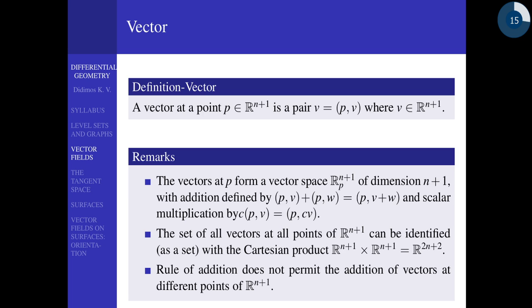Today we will discuss chapter 2, vector fields. First we define a vector. A vector at a point P belonging to R^(n+1) is a pair v = (p, v), where p is a point in R^(n+1) and v is again another point in R^(n+1).